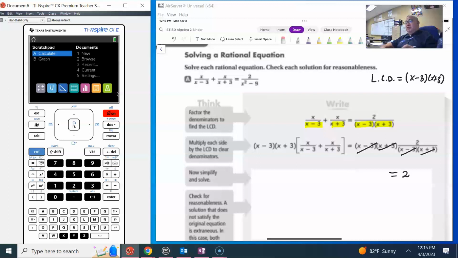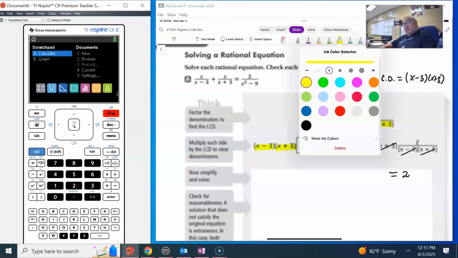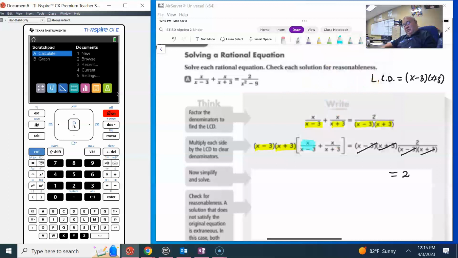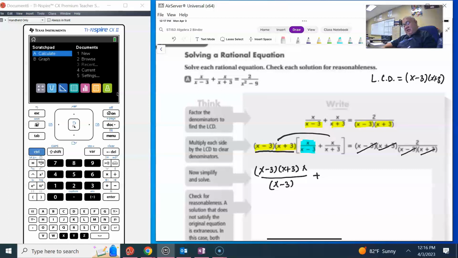Now we have to multiply x minus 3 times x plus 3 times the first fraction, which is right here. So I have x minus 3 times x plus 3 times x over x minus 3, plus I'm going to multiply x minus 3 times x plus 3 times the second fraction.